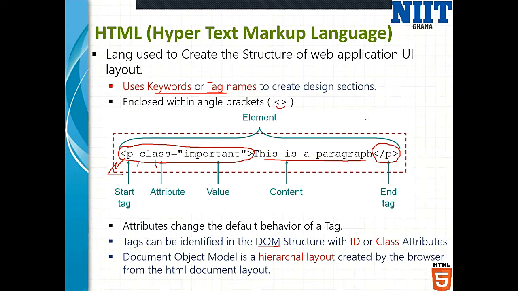It is a tree kind of structure where you have a root at the top and various leaves at the bottom. We can traverse through them and reach a specific element on which we can do certain things. For example, if you have a button and you want to add something to it, you can go through the proper structure hierarchy to find the item you want. For that, the DOM structure is used.